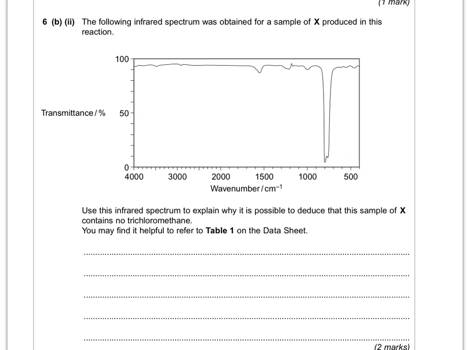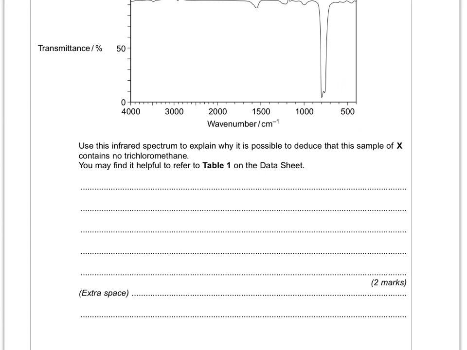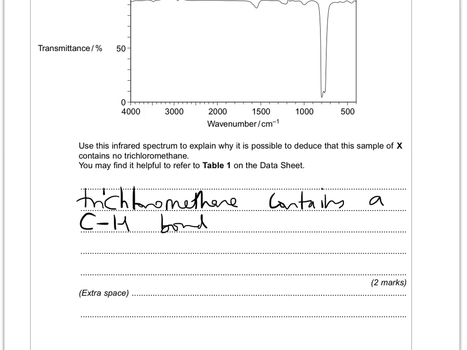So you've got to think about what the difference is between them, and the difference between trichloromethane and X, which is tetrachloromethane, is that trichloromethane has a CH bond, and that's what the first mark is for, recognising that is true. So trichloromethane contains a CH bond, first mark.